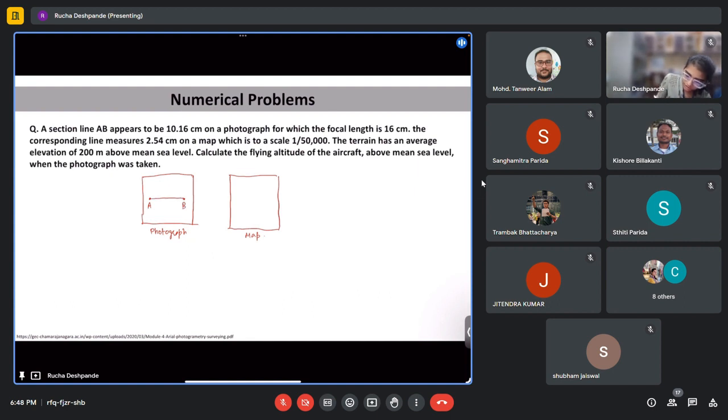So it's given that the distance between these two lines is 10.16 centimeter, and the focal length of this photograph is 16 centimeter. This same line on a map has the length of 2.54 centimeter, and the scale of this map is given, which is 1 is to 50,000.